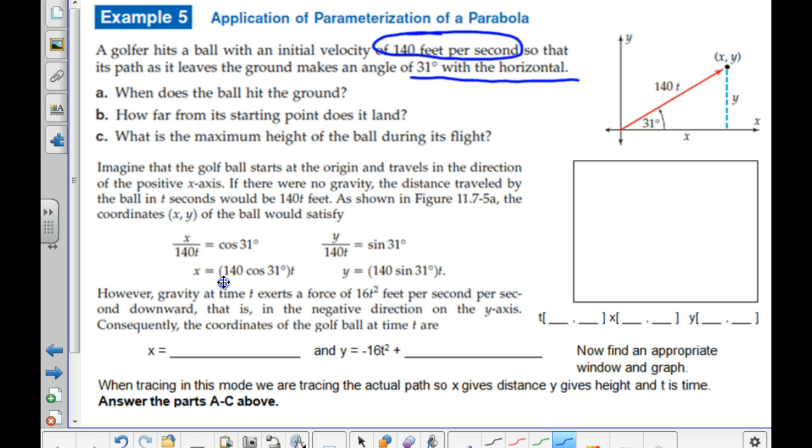Vectors, does this look familiar? 140 cosine 31 and 140 sine 31. Remember the vector components? X equals 140 cosine of 31. Does this look familiar? 140 sine of 31.